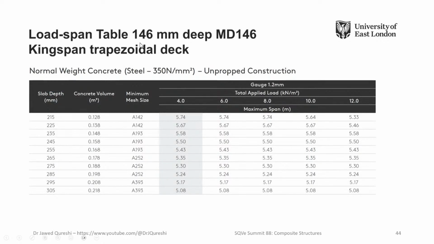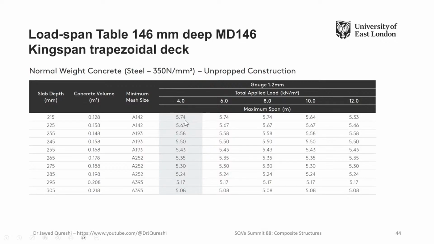Now, how about this trapezoidal deck, 146 mm deep, from Kingspan? Here, see that they come in two sizes, 1.2 and 1.5 millimeter. And this is the sheeting which I tested myself as well. I will show you in a minute.